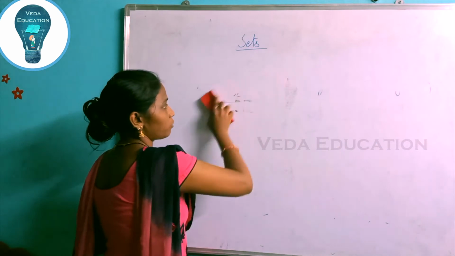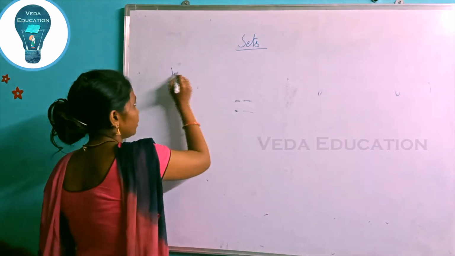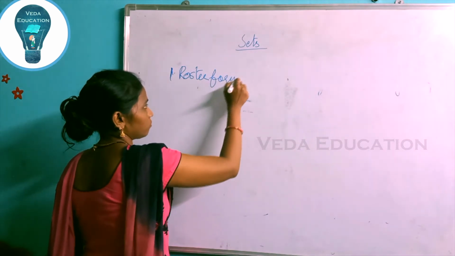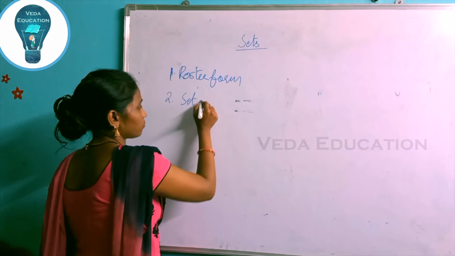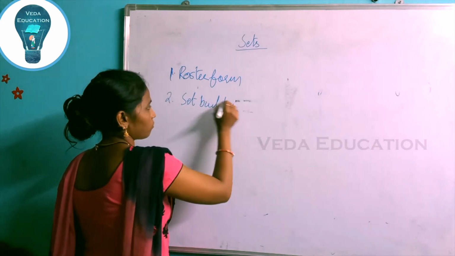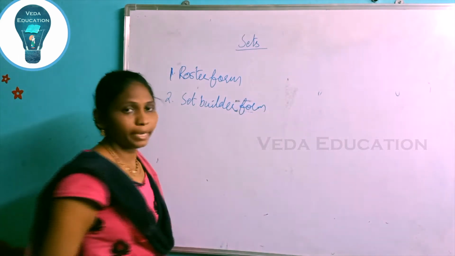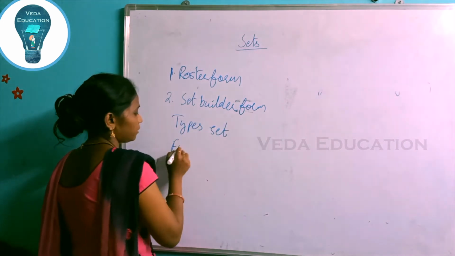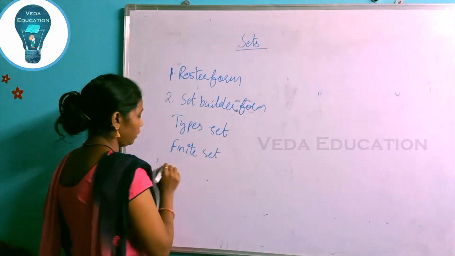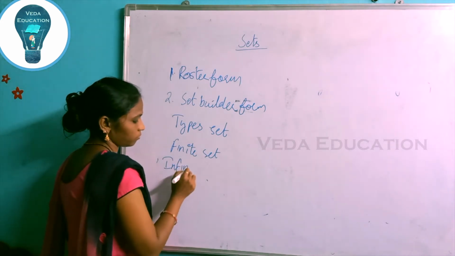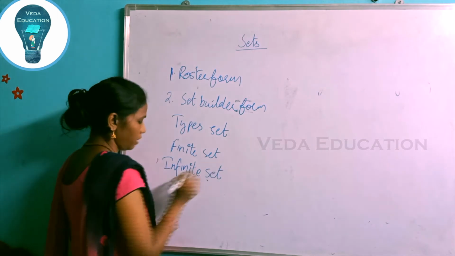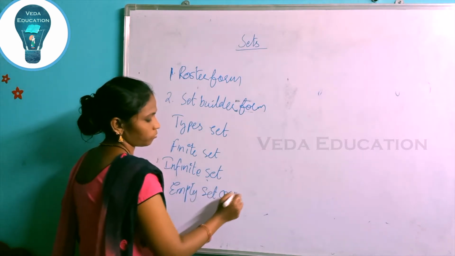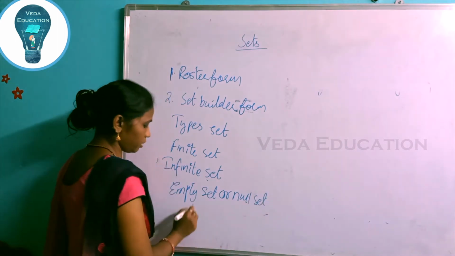Now in these sets, we are going to discuss roster form. First one is roster form, and second one is set builder form. Next, types of sets: finite set, infinite set, next empty set, or null set, or void set also you can call.